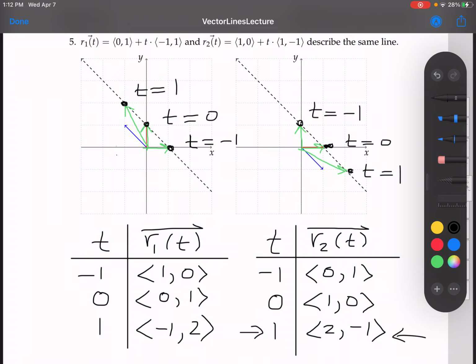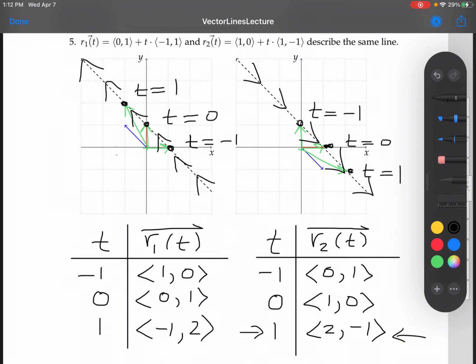All right, so now think about what's happening as t ranges from negative infinity to infinity. Right here we see these 3 points in the left-hand drawing. As t ranges from negative infinity to infinity, notice that the line itself is actually drawn in this direction. But in the right-hand drawing, the line is actually drawn in this direction.